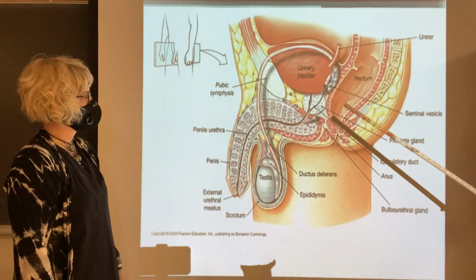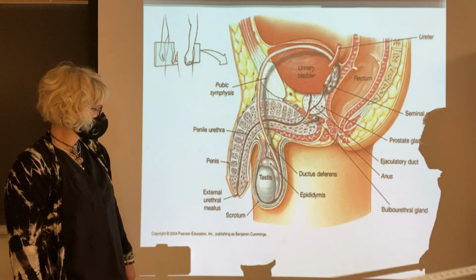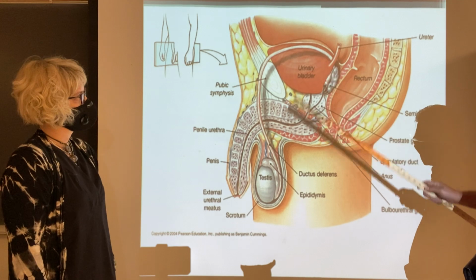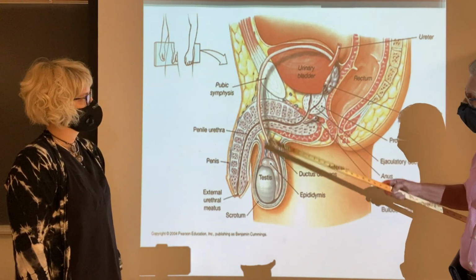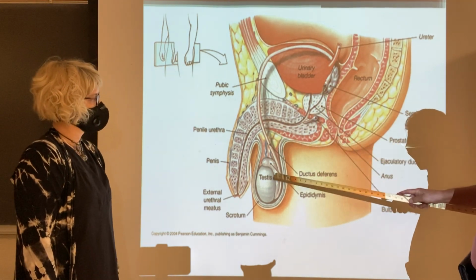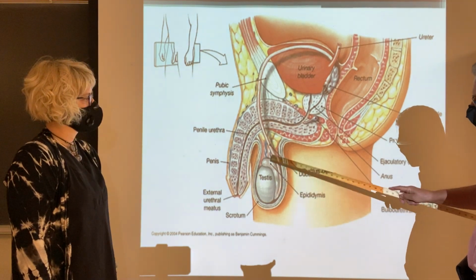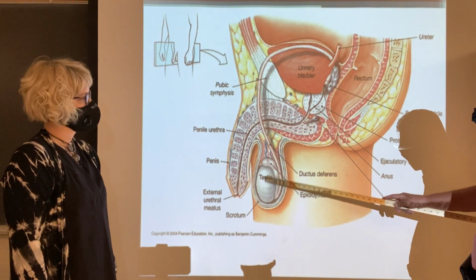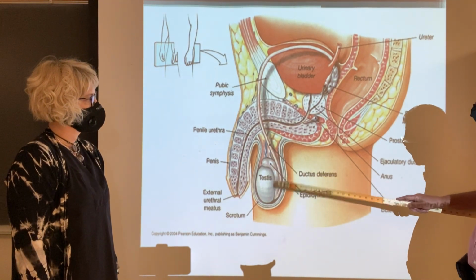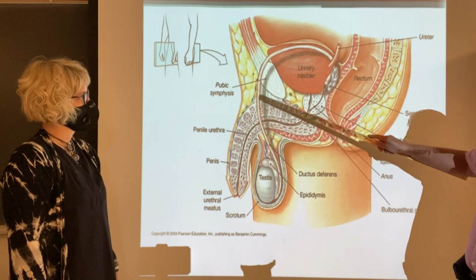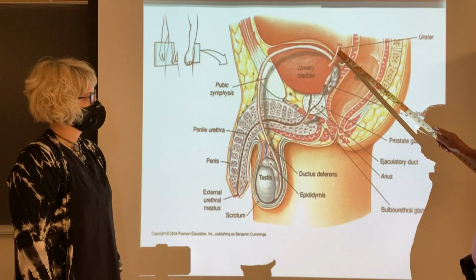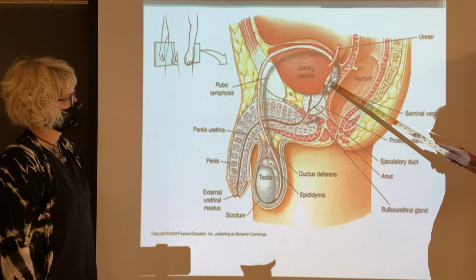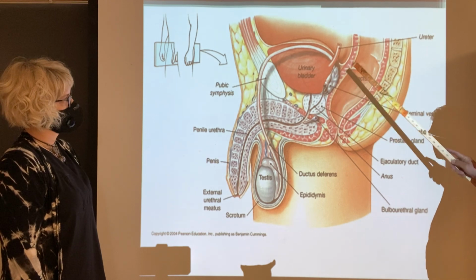Again, the same thing that we just saw a few minutes ago. To review, the urinary bladder, remember the orientation. Here we see the testicle and the epididymis head, body, tail. From the tail, the maturing sperm travel through the vas deferens, the ductus deferens, to the ampulla of the ductus deferens to join with the duct of the seminal vesicle.